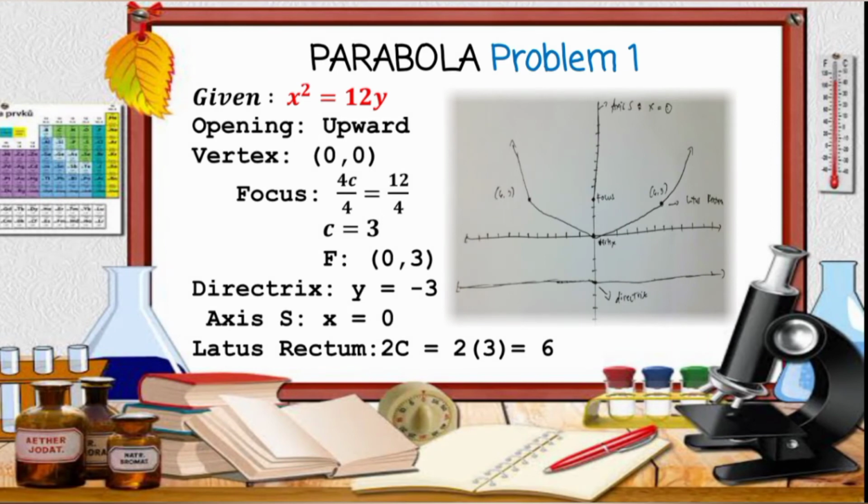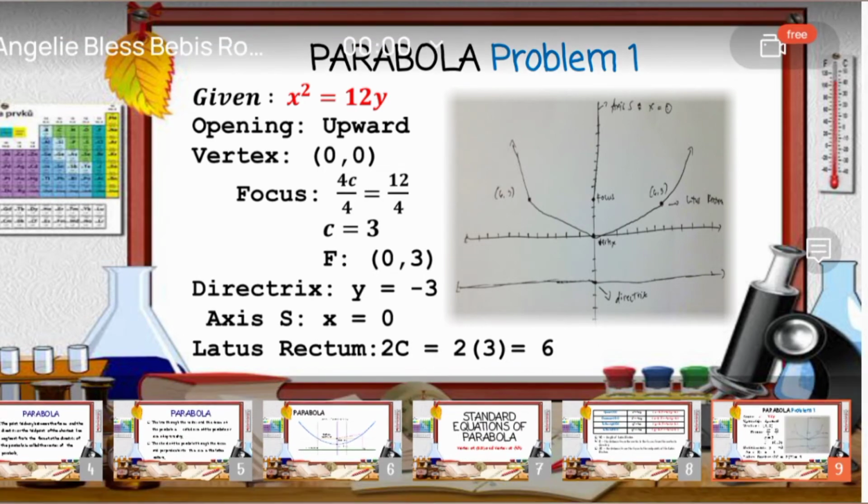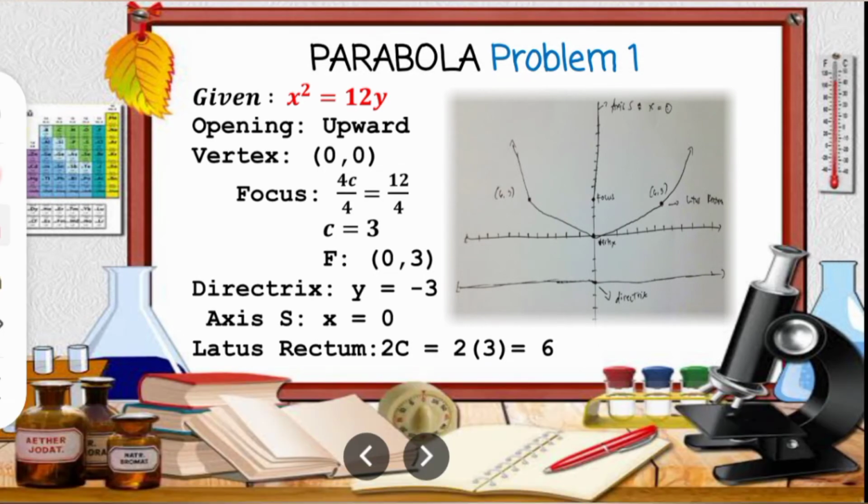We have problem number 1, where the given is x squared equals 12y. By this given, the opening is upward, and when we say upward, c is greater than 0. So our vertex is at (0, 0).